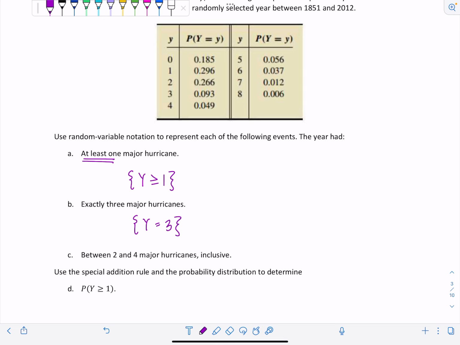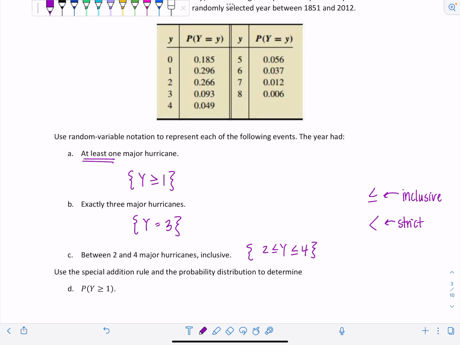Next, between 2 and 4 major hurricanes inclusive. So then you would have Y between 2 and 4, and I'm using inclusive, meaning less than or equal to or greater than or equal to symbols. These are inclusive. If it says strictly, then there's no underlined part. That's a strict inequality.